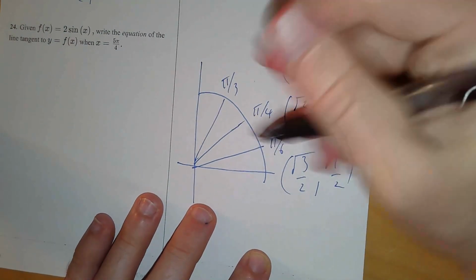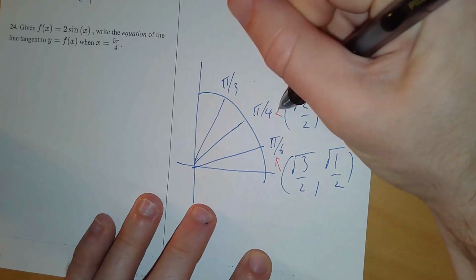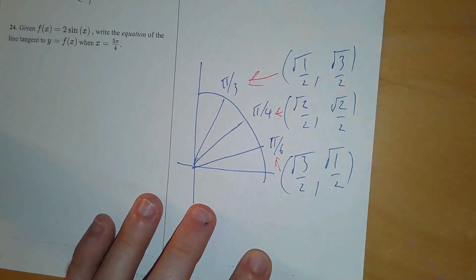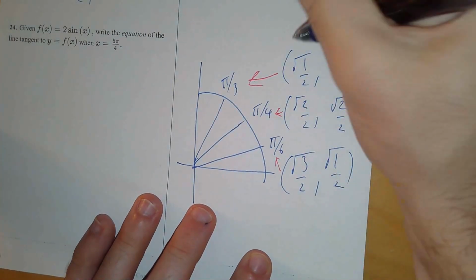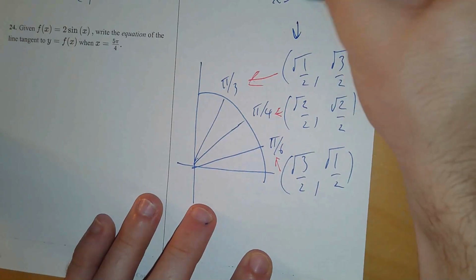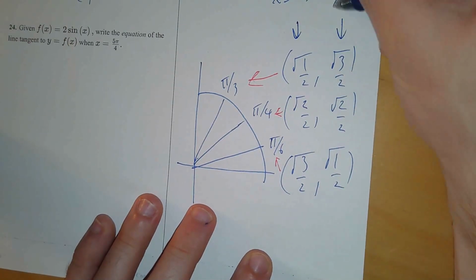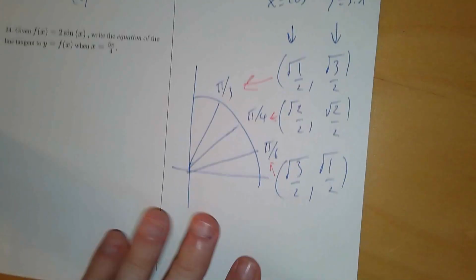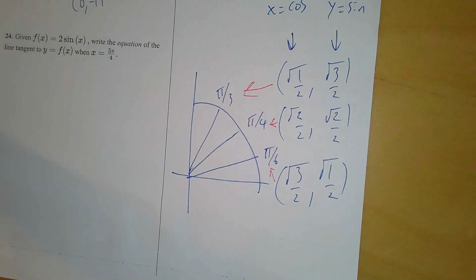Those are the answers to each of these. And all you have to remember is that the x is cosine and the y is sine. Boom. If you remember that little trick, you can get all the answers you want.